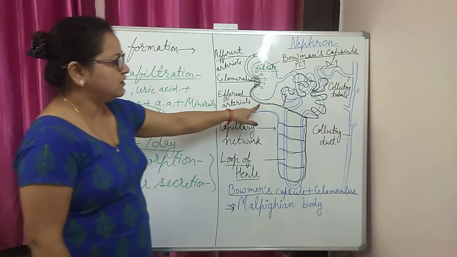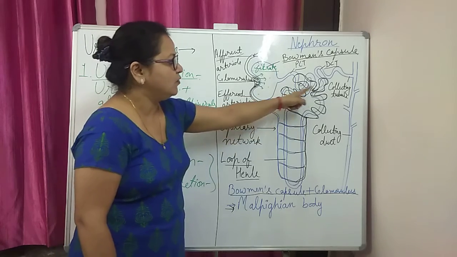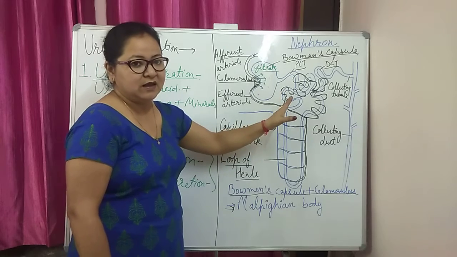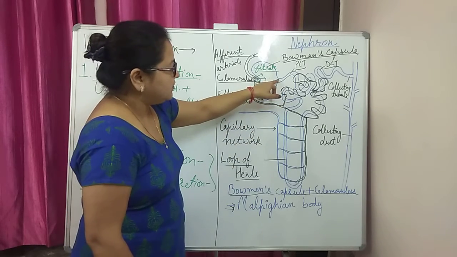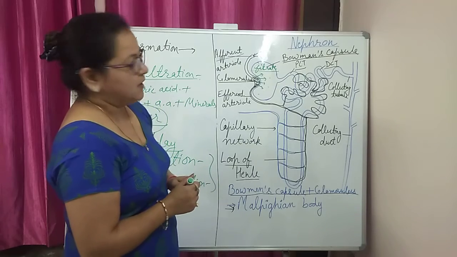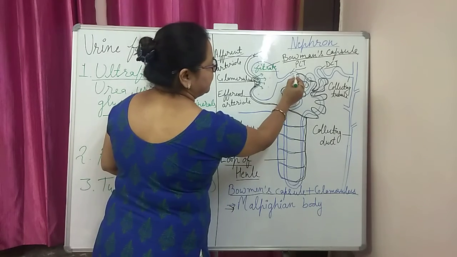This arteriole again makes a secondary capillary network around the tubular region of the nephron. In this area, the water and all the required minerals, glucose, and amino acids are absorbed by these blood capillaries.